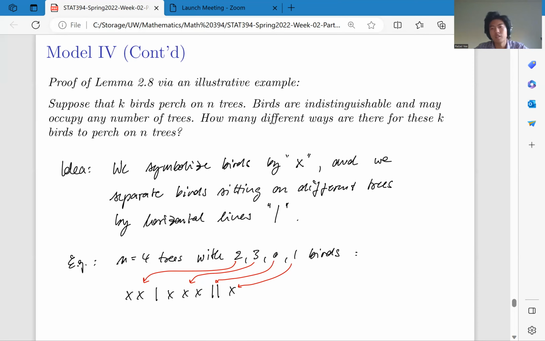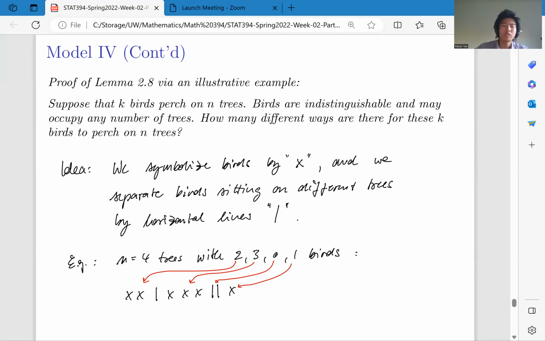It's not defined; it can be any combination. But one thing must be sure: each single bird perches on one and only one tree. And all the birds are indistinguishable, so the order is not relevant. So how many different ways are there for these k birds to perch on n trees?